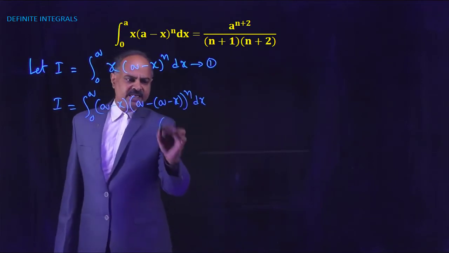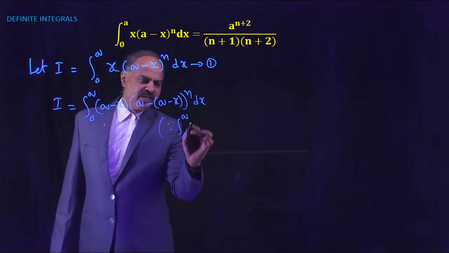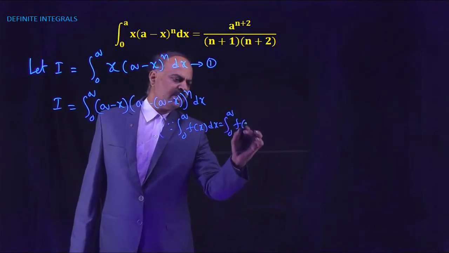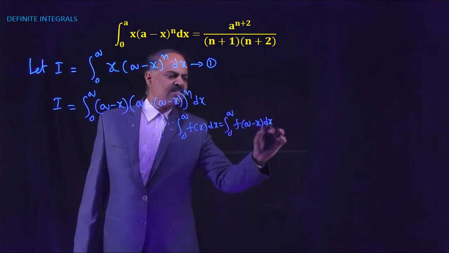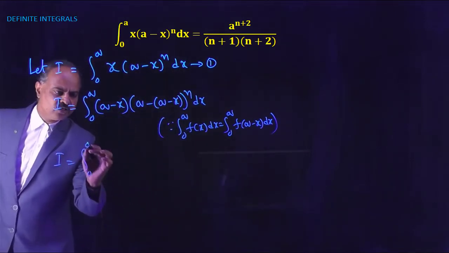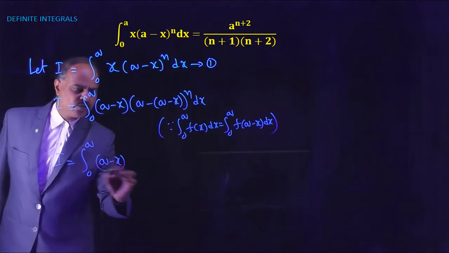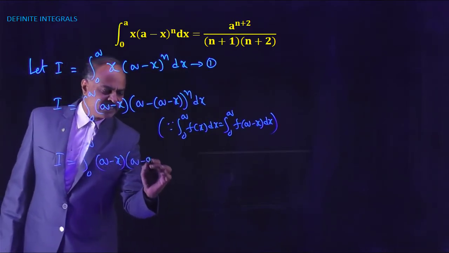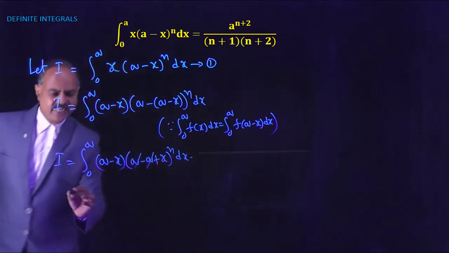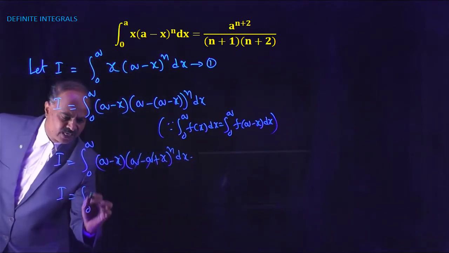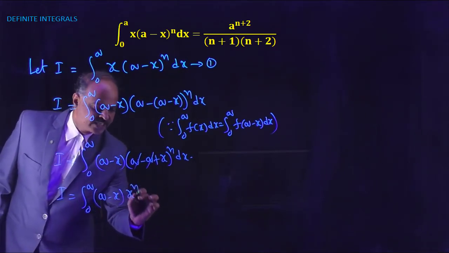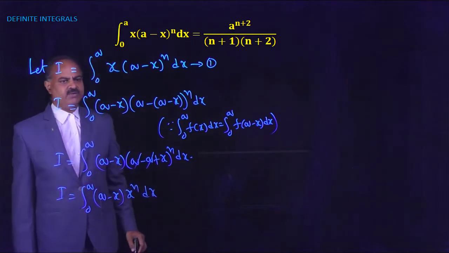Now a minus a plus x, so minus a and plus a get cancelled. So I equal to integral 0 to a (a minus x) into x power n dx.